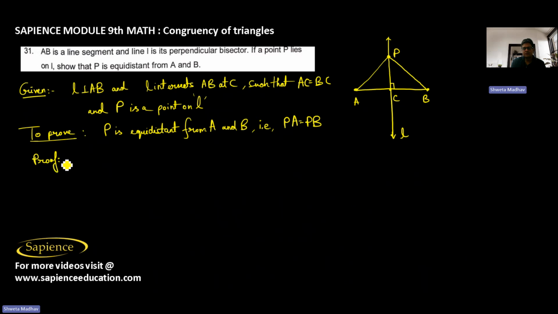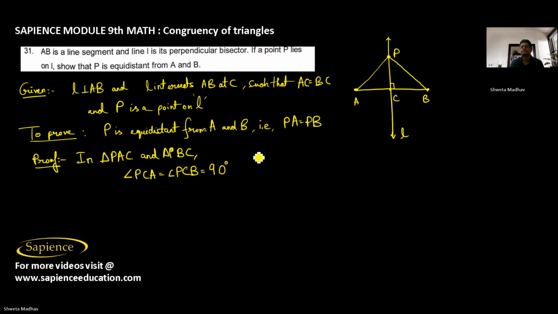So the proof is that in triangle PAC and triangle PBC, angle PCA is equal to angle PCB, which is equal to 90 degrees. This is because it is given that L is perpendicular to AB.